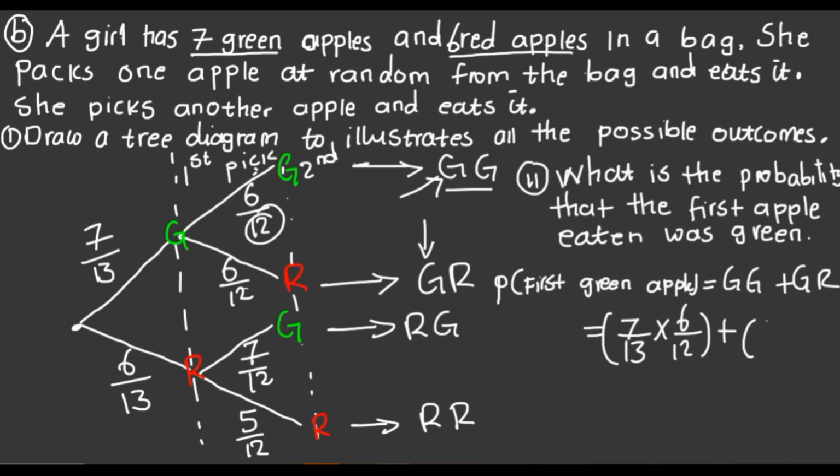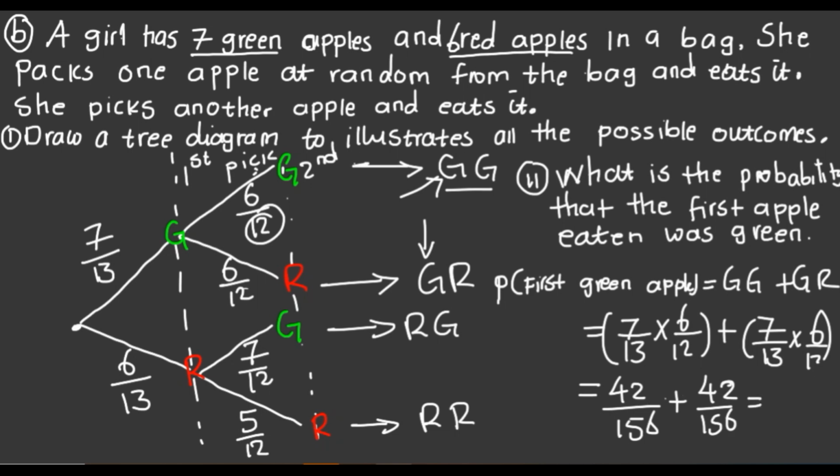So this is 7 over 13 times 6 over 12, which is 7 times 6 giving us 42 over 12 times 13. I'm getting 156 here, plus 42 over 156.